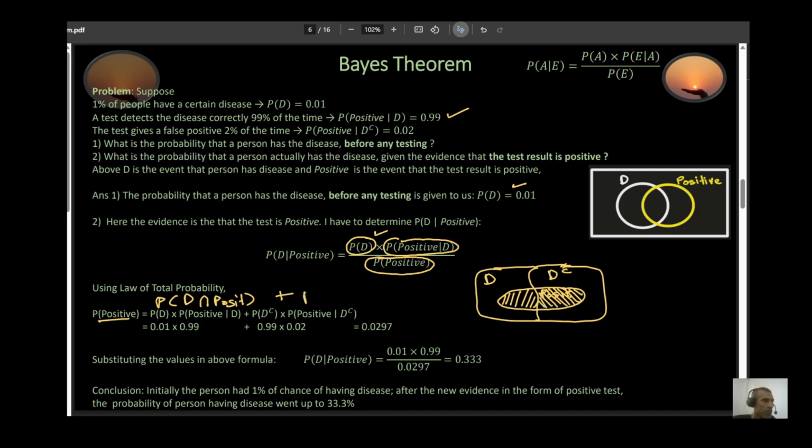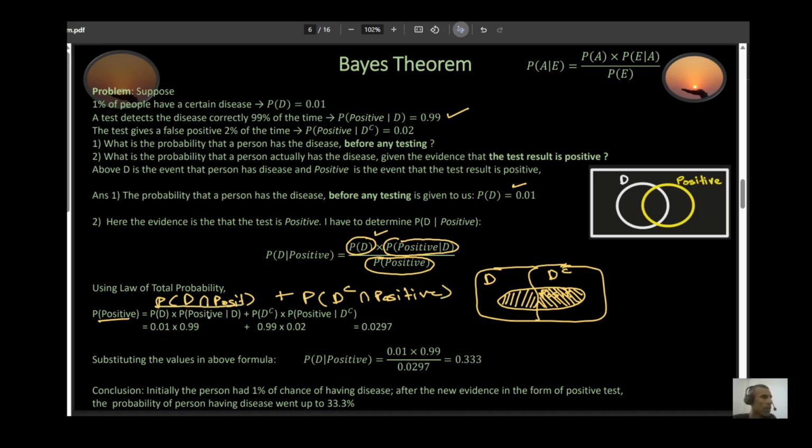This is my total probability law, by the way. Okay, now we can solve each one of them separately.